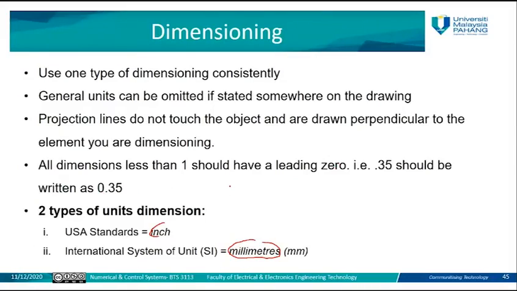So when you write the code for the machine, you should indicate 0.5, 0.23, so it cannot be written like .23. It must have that point here. Also, as we said, the line should not touch the object, so it's not confusing for those who will produce the product. Otherwise they might think this line is not a dimension line, but part of the object borders.